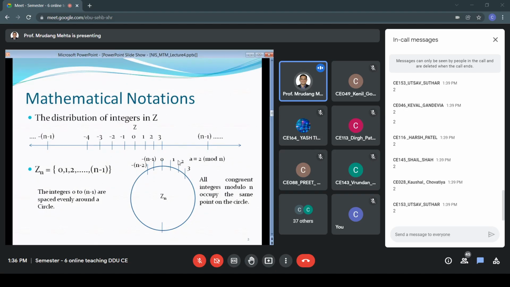The answer belongs to Zn. The same answer is coming, right? And that is the meaning of the circle here. For multiple operations, we are getting the same value again and again. That is why Zn is represented as a circle.